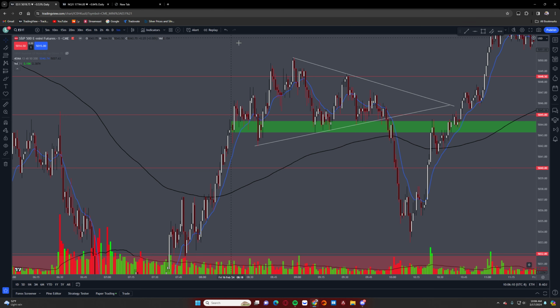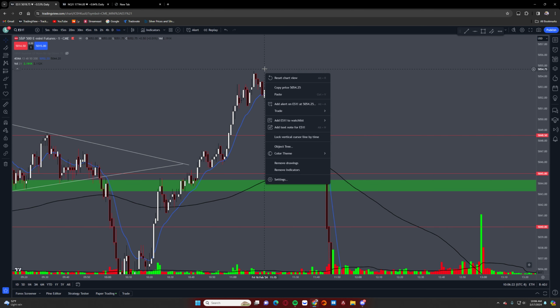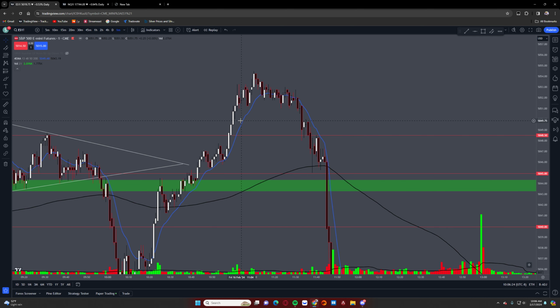The second thing I want to talk about was when I said I was looking for possible shorts. A rejection from 50-50 to 50-55 would be optimal based off order flow. Now, I said anywhere from 50-50 to 50-55.